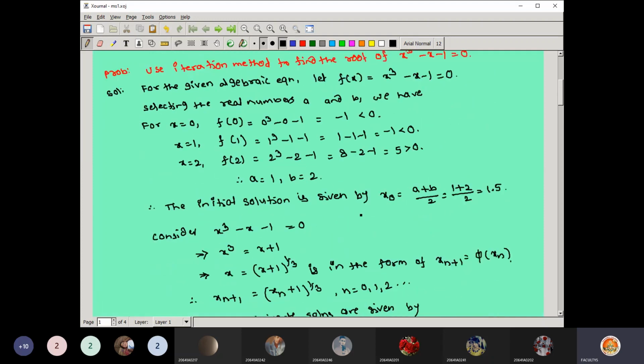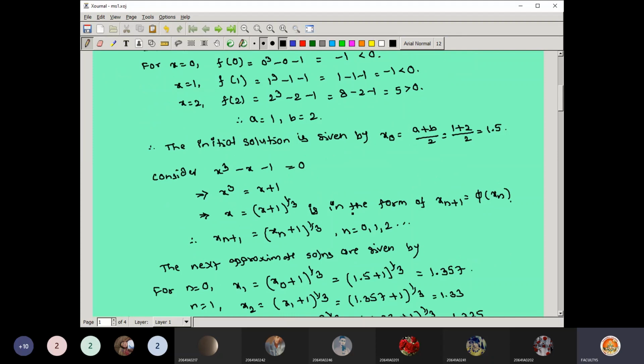Are you understanding this? Very simple. The given expression, you suppose it as f of x and try to calculate the real numbers a and b. Find the starting solution by the formula (a plus b) by 2. Once you get that, you go to your given equation and write x equal to something by selecting the highest degree term. That expression you suppose as x_{n+1} equal to phi of x_n.